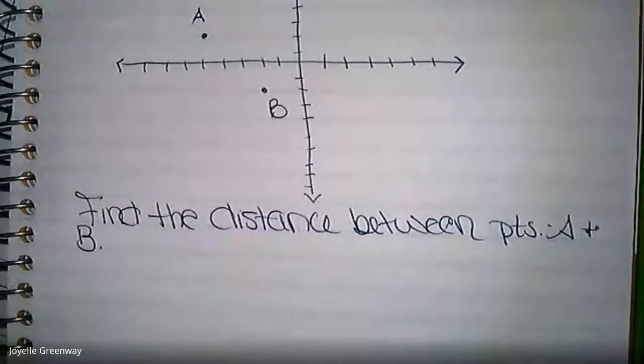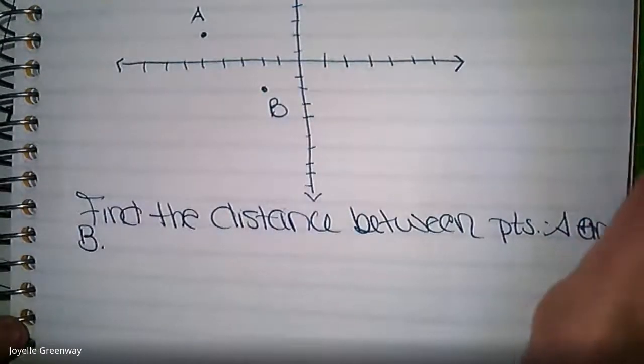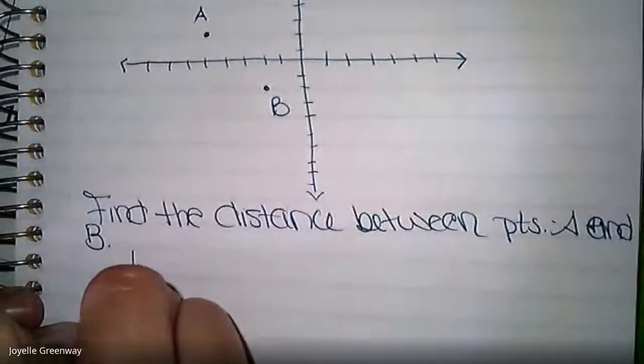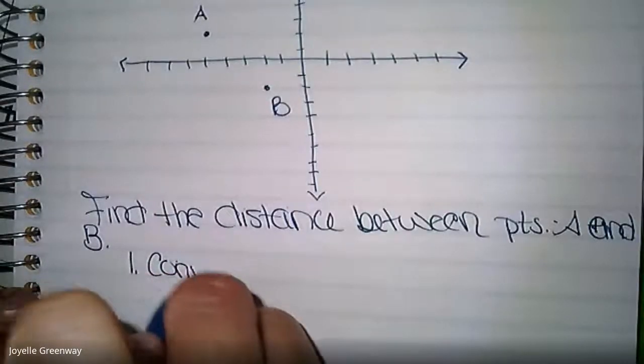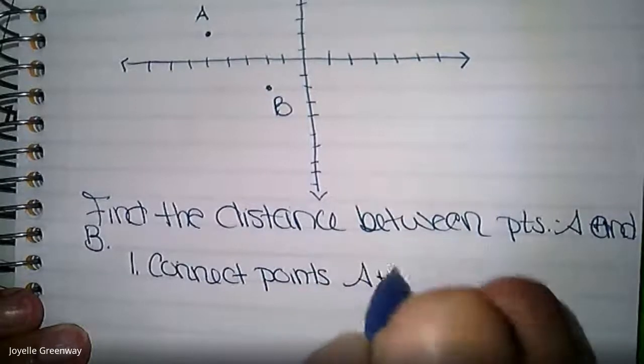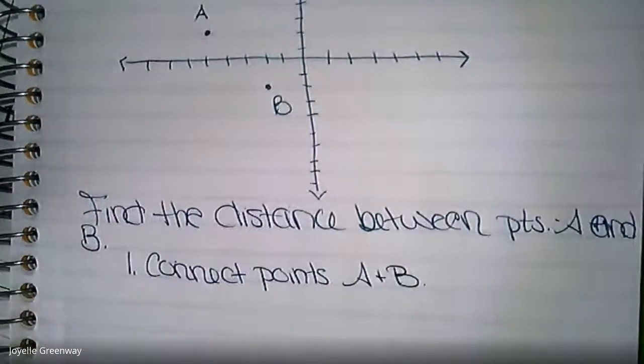Okay, so we're going to find the distance between points A and B. And the way that we do that is we're going to first connect points A and B. I do have a ruler. Yay.